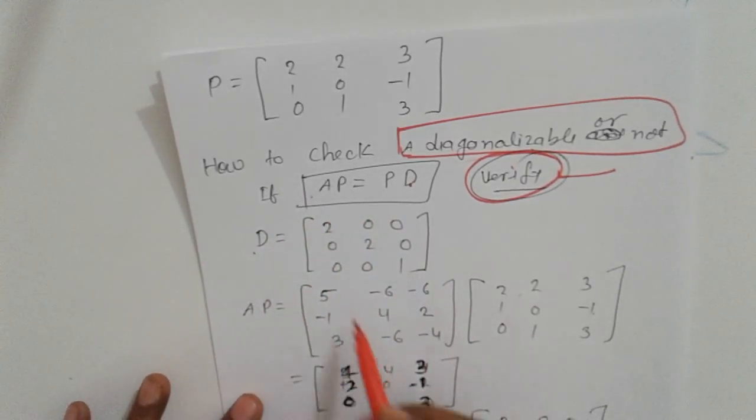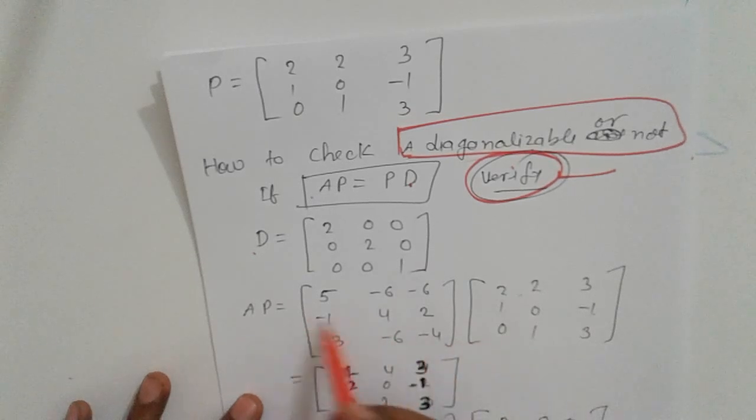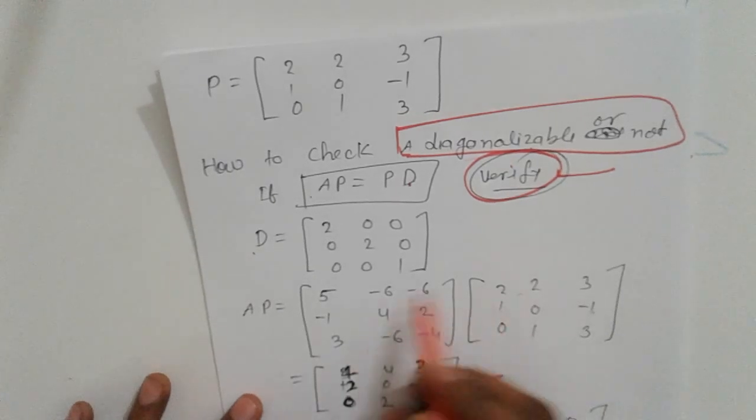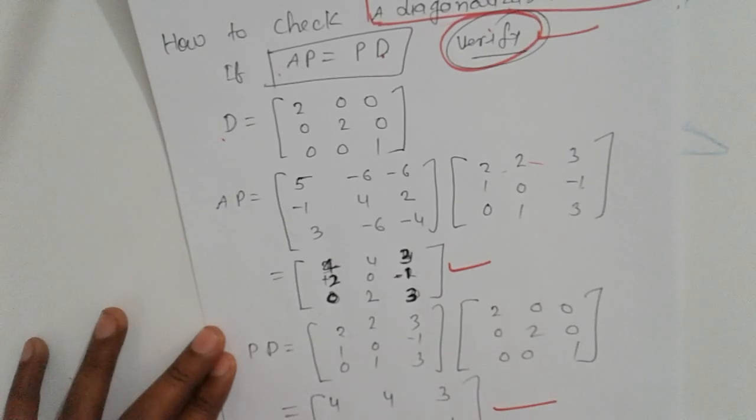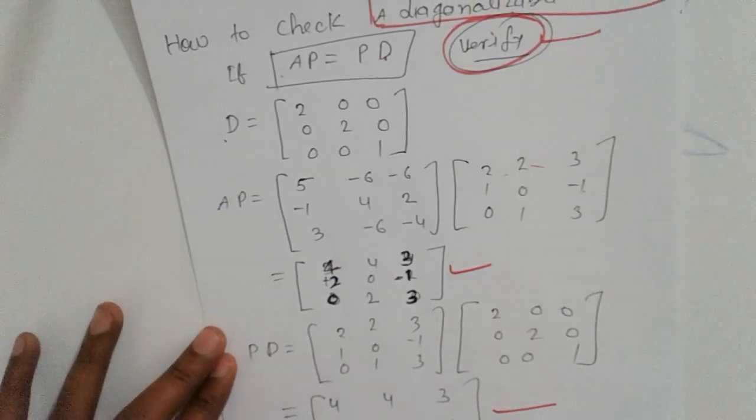So AP is equal to this; multiply and we get 4 4 3, 2 0 minus 1, and so on. Multiply this and we get PD, from P and D. So AP equals PD.